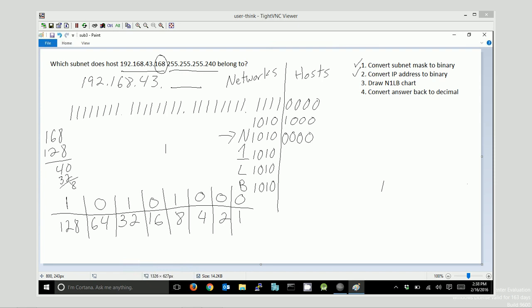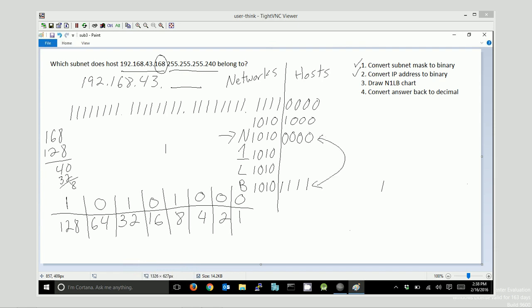Now you could take that number, flip it back to decimal, and you're done. But I want to show you a little bit more. The very largest host you can make on this network is all ones: 1, 1, 1, 1. You'll notice the network ID is always zeros in the host portion, and the broadcast is always ones in the host portion. These are going to be opposites.